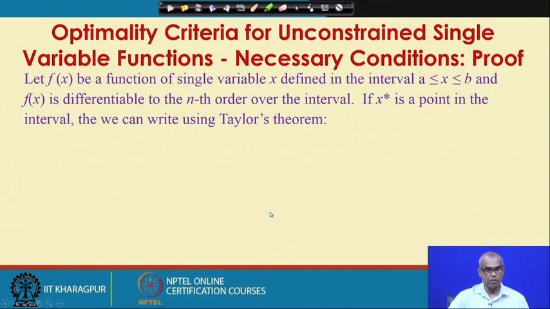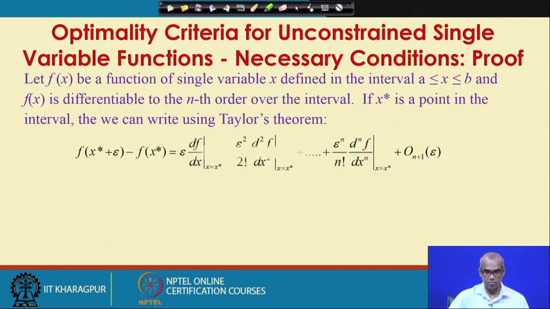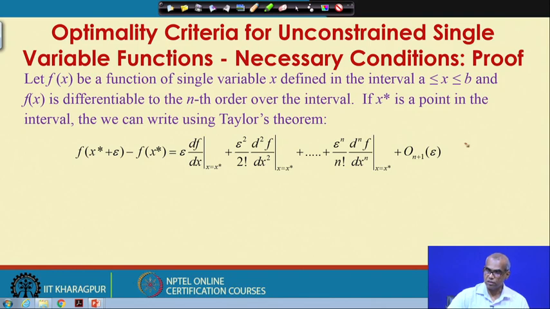If x star is a point in the interval, then you can write using Taylor's theorem as this, where epsilon represents a small distance around point x star. So, basically we are expanding the function f(x) around x star by Taylor's series theorem.